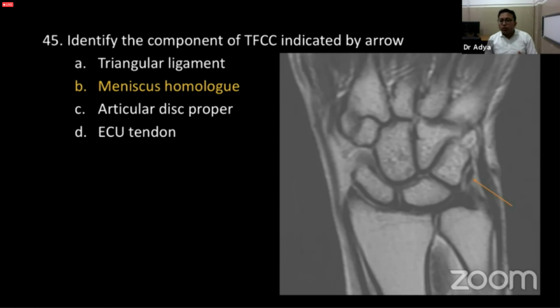We can only see those if we scroll through the images. The dorsal radioulnar ligament will be dorsal to the articular disc proper, and the volar radioulnar ligament will be volar to the articular disc proper at this level. But they cannot be seen in only one image. These are all the components of the TFCC.